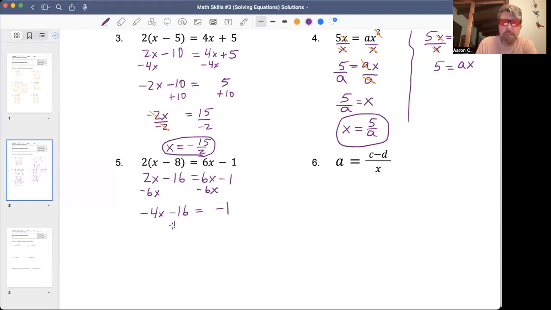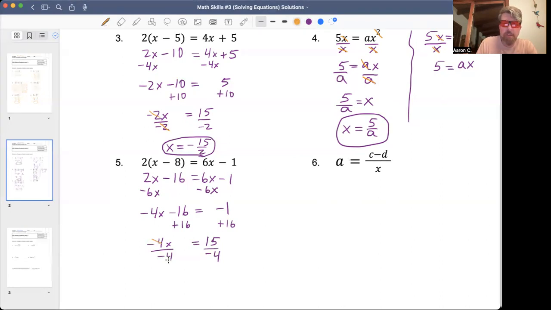Now we just have to get this 16 over there. And then we have minus 4x plus 0 equals negative 1 plus 16, that's 15. And now, that looks a little funny, so I'm going to fix it. There we go. And now we're going to just divide by negative 4 on both sides so that we can cancel out the negative 4, get it over on the other side.